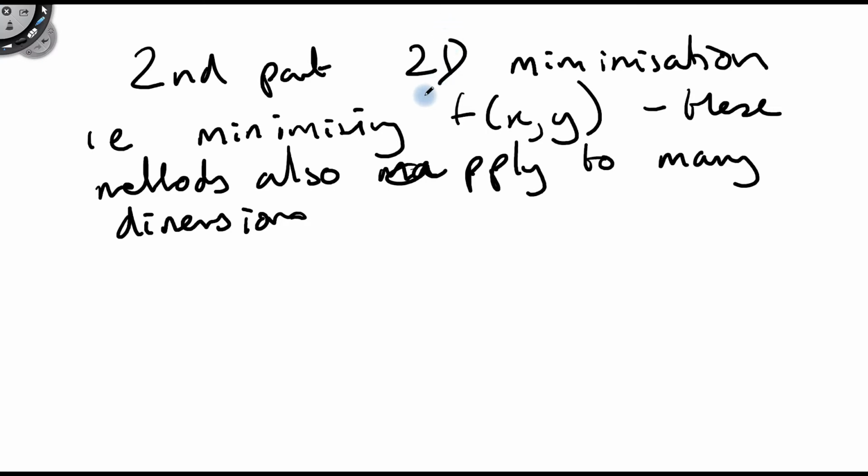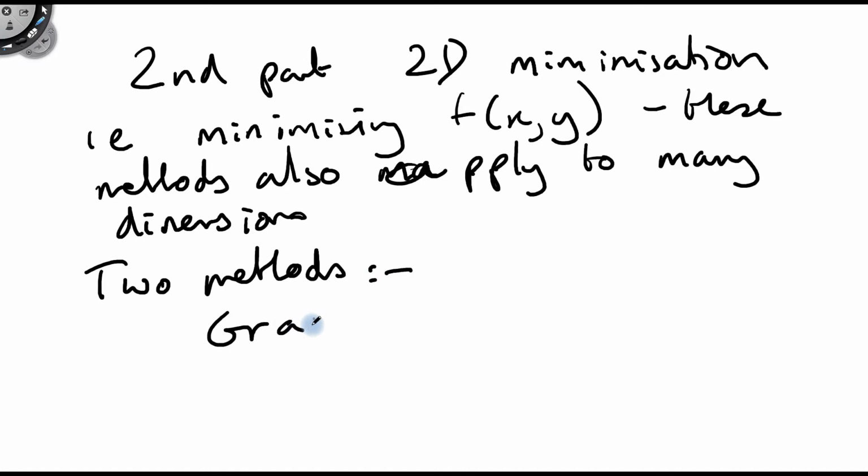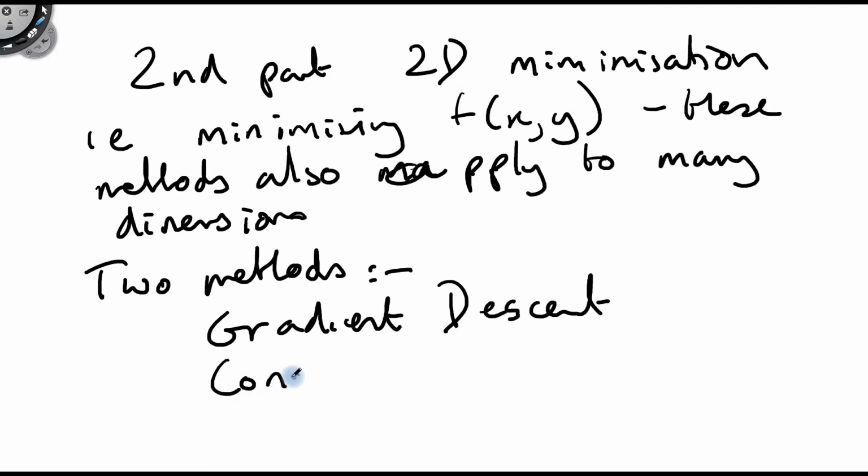The two methods we'll come across are gradient descent and conjugate gradient descent. And again, they're a pair.